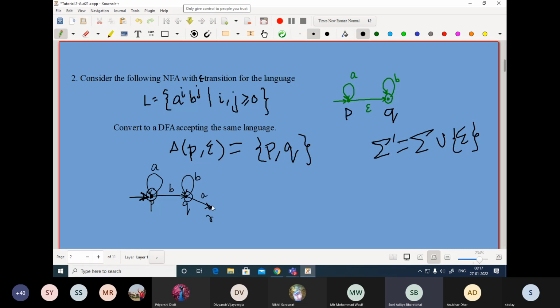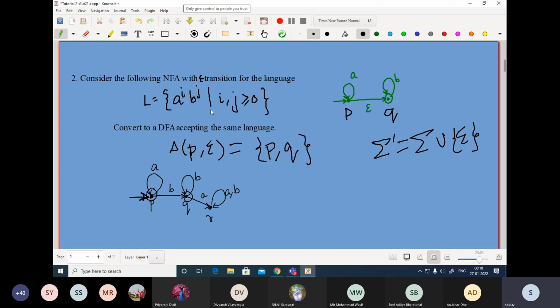Means now it will stay here only, whatever you get. I think this should work. Okay, let me see. Yes, I think this works.